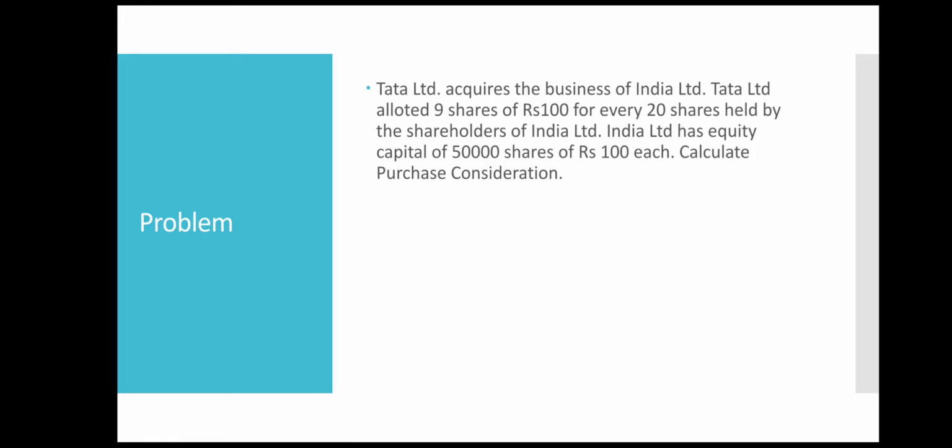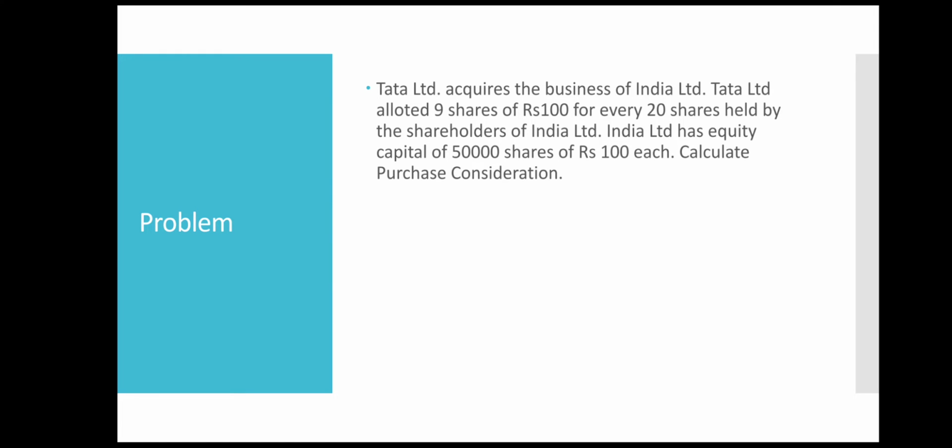For every 20 shares in the selling company, India Limited, you will get 9 shares in the new company, Tata Limited. So the ratio is 20 is to 9. The value of one share is 100. That is the meaning of the second sentence.